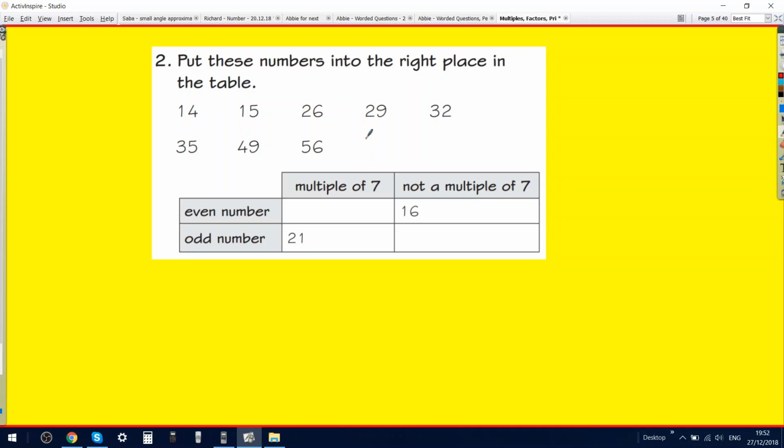So that would go into the multiple of 7 and even number box, top left. 49, that's a multiple of 7, because 7 times 7 is 49. And so that would go in the odd number, multiple of 7 box, so that's bottom left.